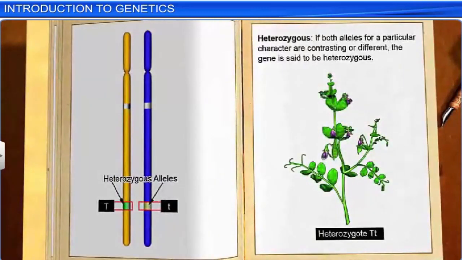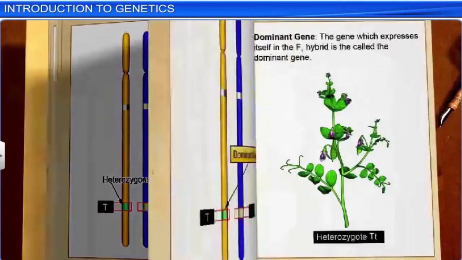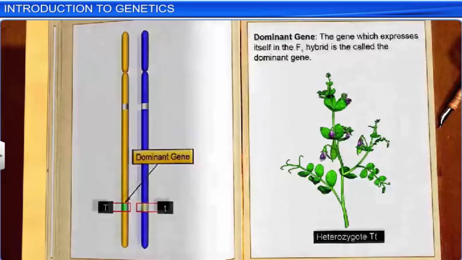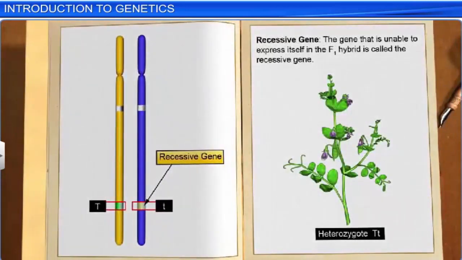On the other hand, if an organism possesses two contrasting or different alleles in a pair, the gene is called heterozygous, and the individual is called a heterozygote. In a heterozygote, only one of the contrasting genes is able to express itself, while the other gene remains hidden. This gene, which expresses itself in the F1 hybrid, is called the dominant gene, while the gene that is unable to express itself is called the recessive gene.